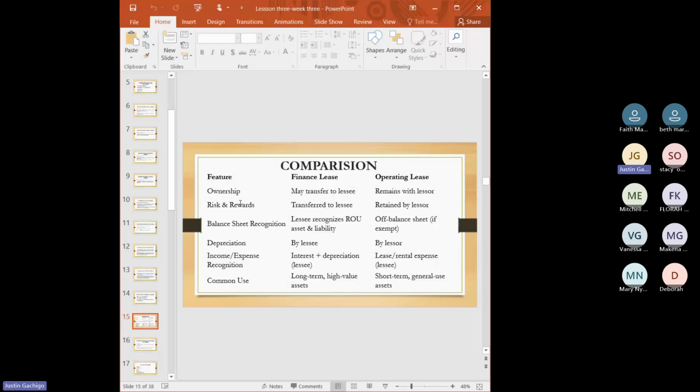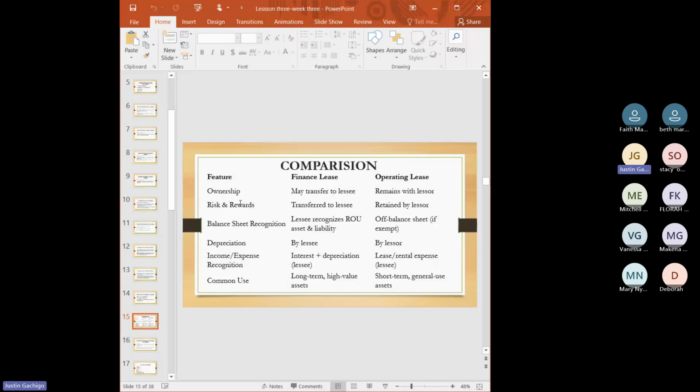Balance sheet recognition. For finance lease, we have said it is included as right of use and a lease liability. For operating lease, this is off balance sheet, it is exempted. Depreciation for finance lease is done by the lessee, and for operating lease, it is done by the lessor. Then income expense recognition. So income plus interest is done by the lessee.